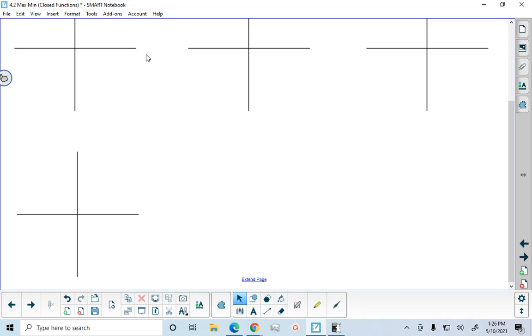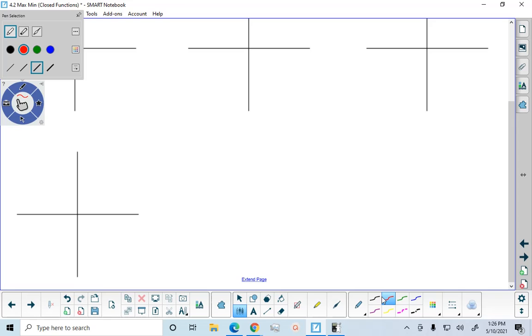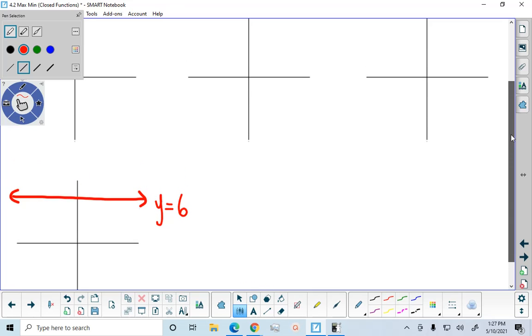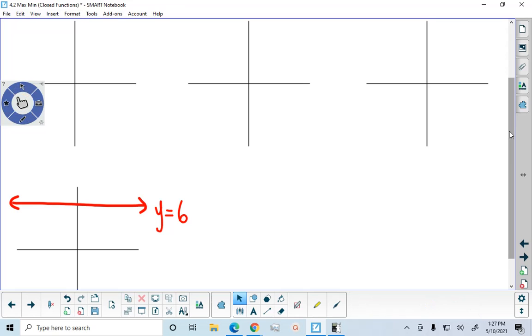Let's say that we have a horizontal line. So f of x equals 6. So we have the function y equals 6. I'm not going to include that because technically, mathematically, a mathematics prof would say there is a maximum value. The maximum value of this function is 6. I disagree with this line of thinking, but this is what they would say.